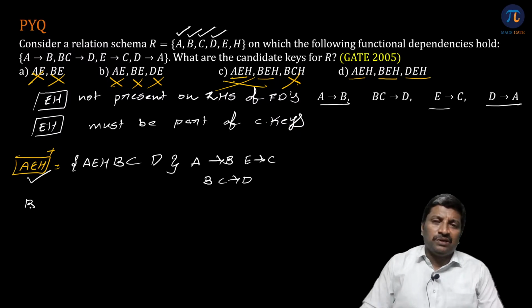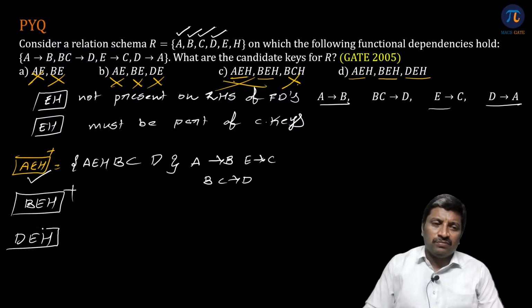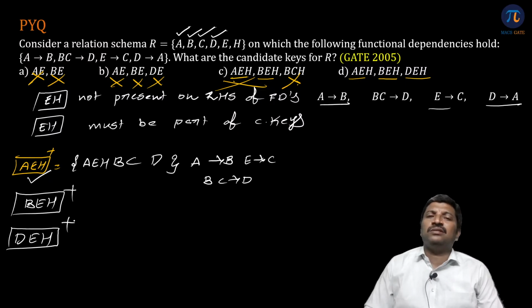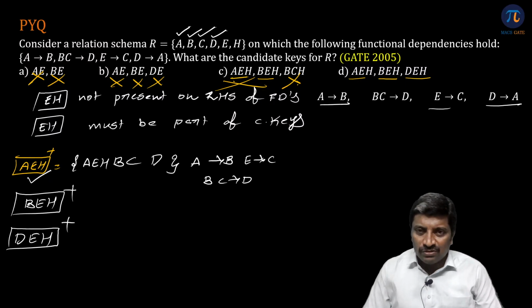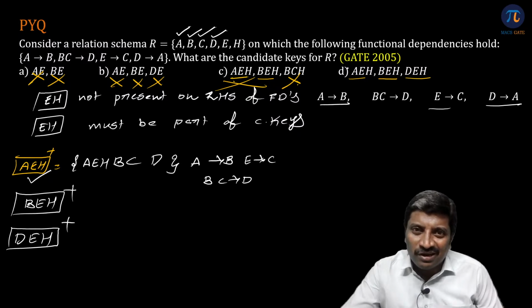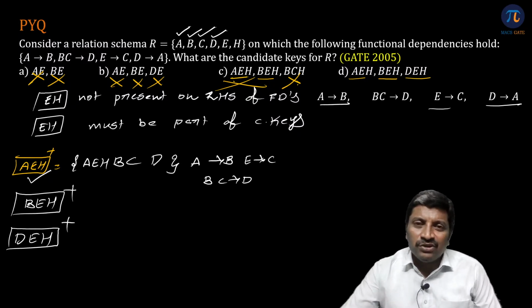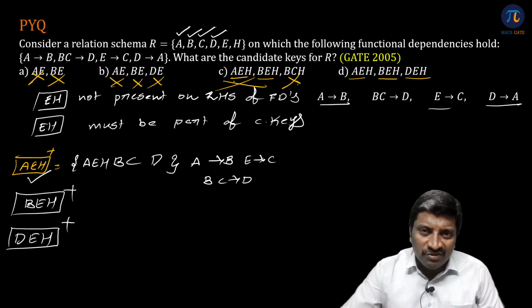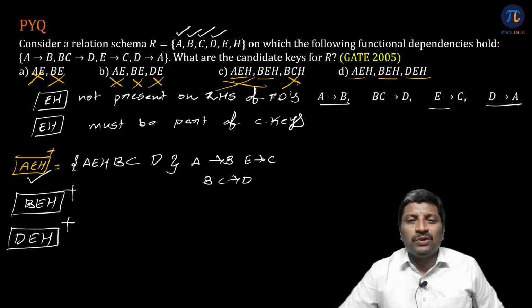Like this, you can verify the remaining BEH closure and DEH closure. Surely they will find all the attributes, because that is the one and only option we are having in this question. I think you can do it on your own. Can I leave it, sir? Yes. So let's go for the next one.